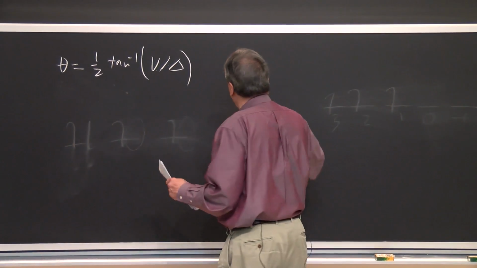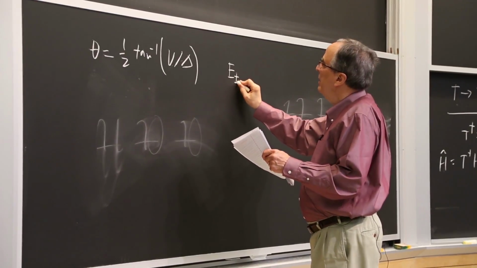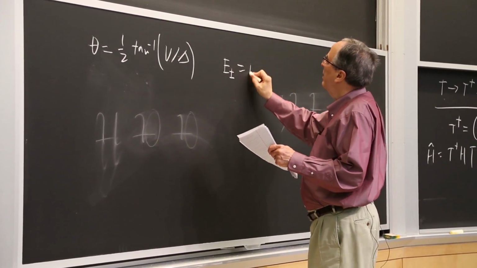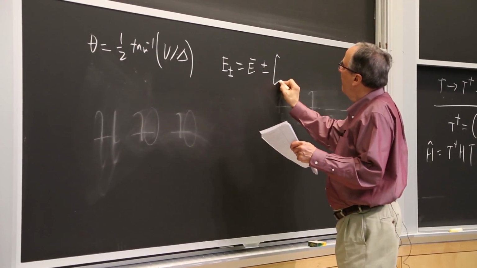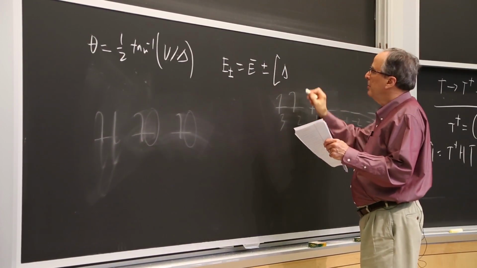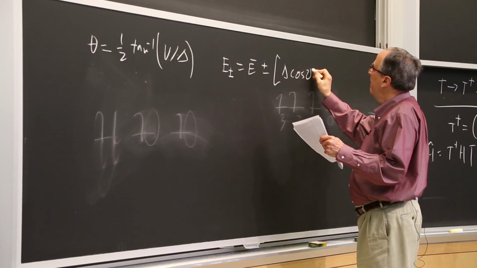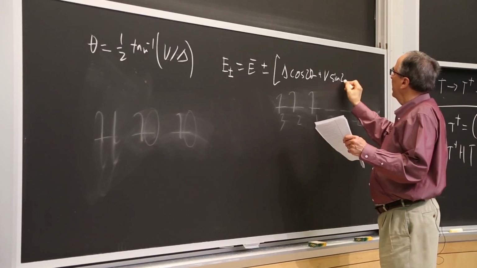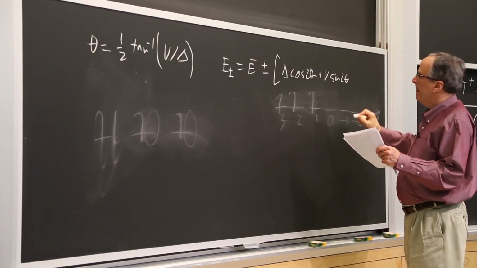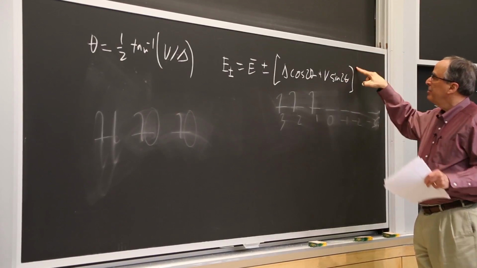Okay, and so when you do that, you get that the energy levels are E bar plus or minus delta times cos 2 theta plus V times sine 2 theta. And there's no square root here.